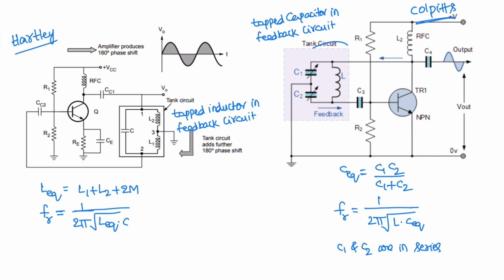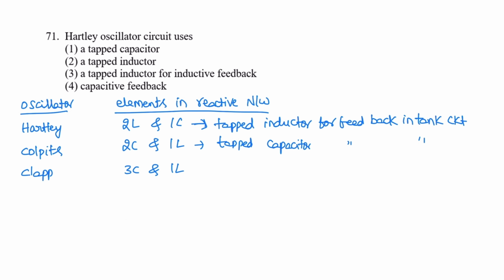In the feedback circuit, there is a tapped capacitor: two capacitors are connected in series with one inductor. So the correct option is that the Hartley oscillator circuit uses a tapped inductor. Correct option is 2.